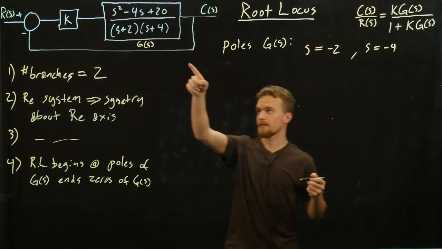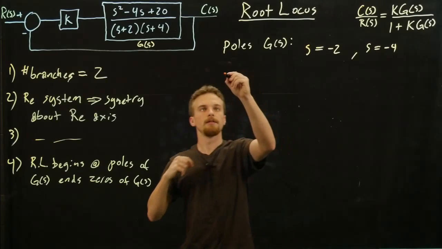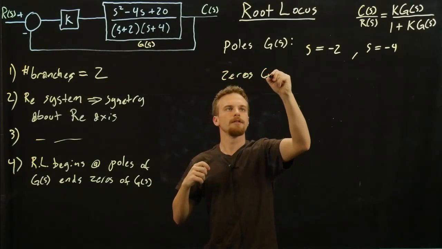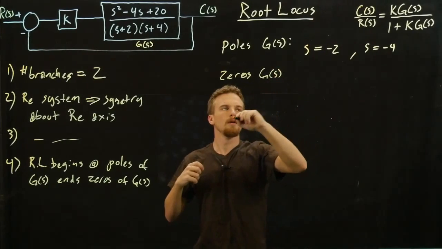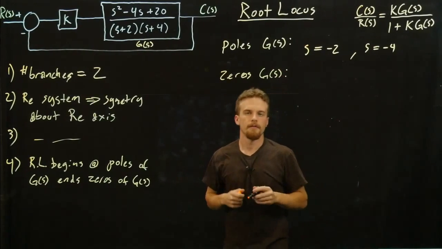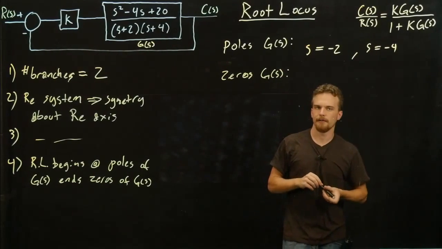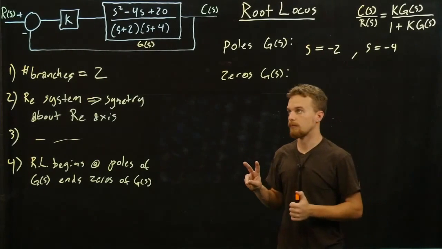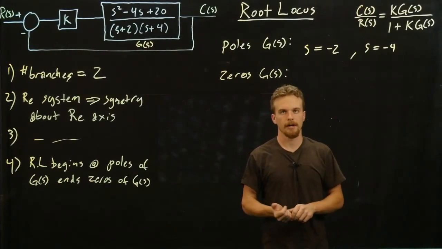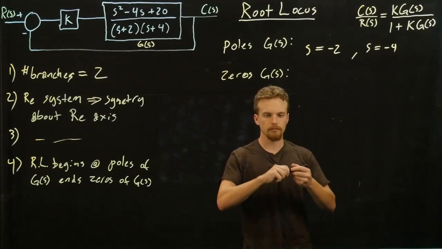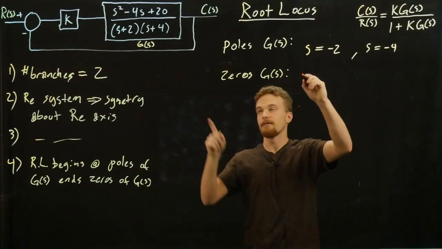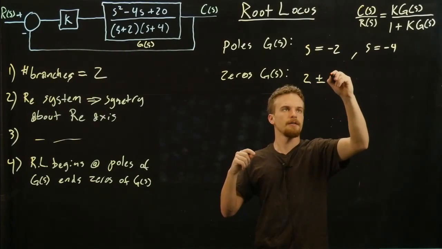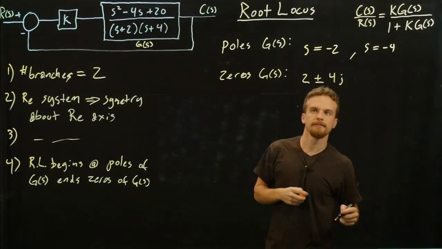So the zeros of g of s are complex numbers, but there's only 2 of them, so they have to be complex conjugates, right? What this factors to was 2 plus and minus 4j.